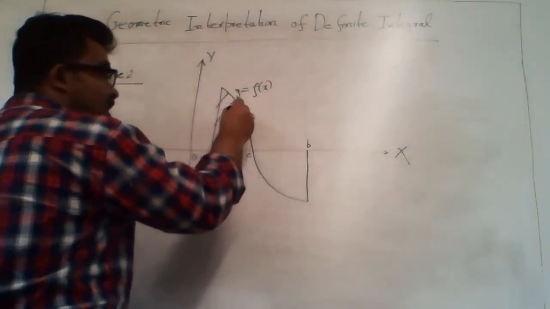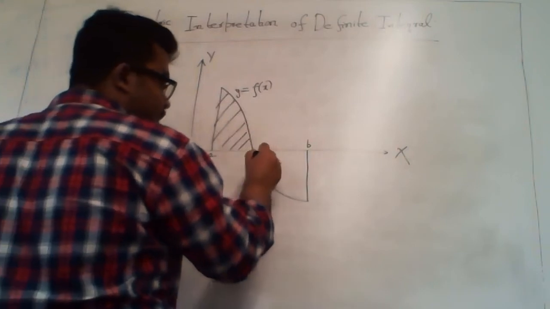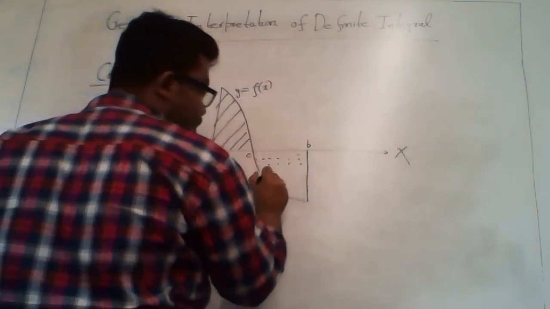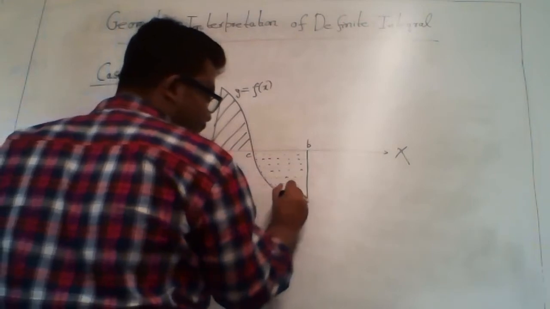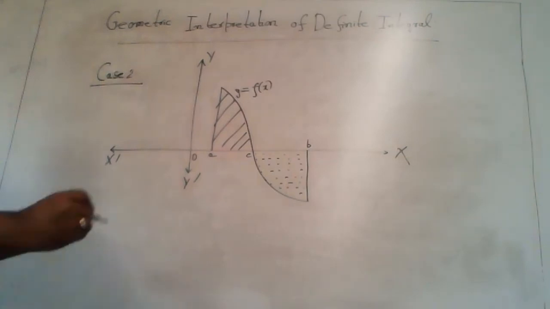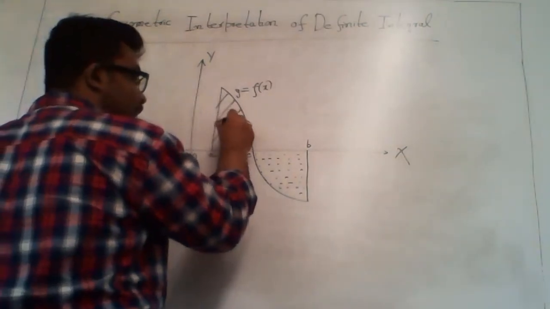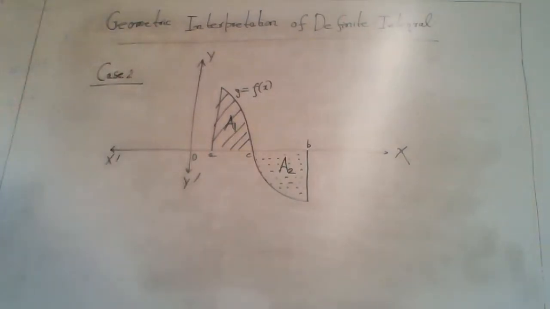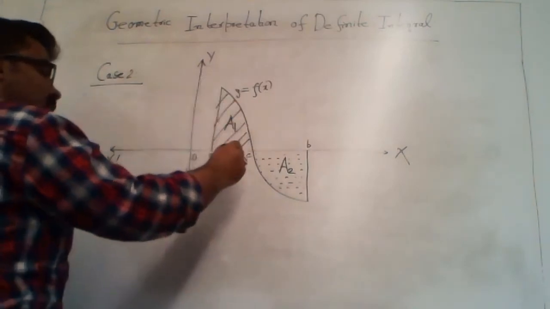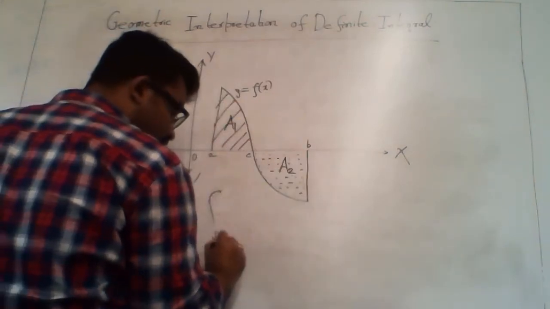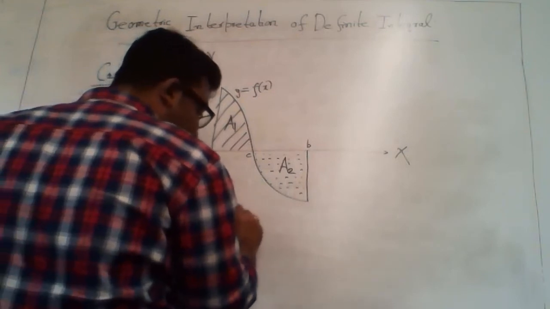In such a case, I have two areas. One I am showing by dots, and the other by lines. Let us call this area A1 and this area A2. So if some part of my curve lies above the x-axis and some part below, and I integrate the function from a to b f(x) dx, what do I get?